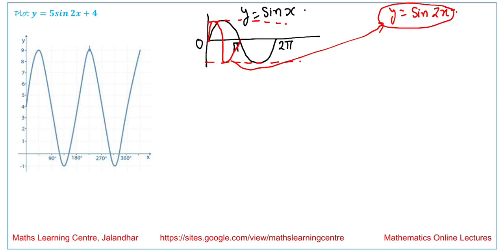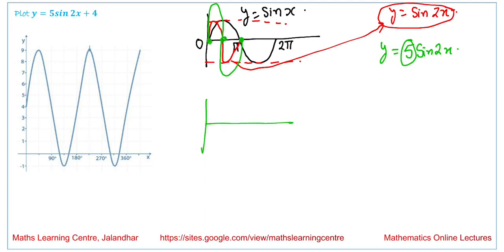Next we are plotting the graph of y is equal to 5 times sine of 2x. This value is multiplied with 5, which means this graph will expand along the y-axis. These points will remain the same and this graph will be expanded along the y-axis.